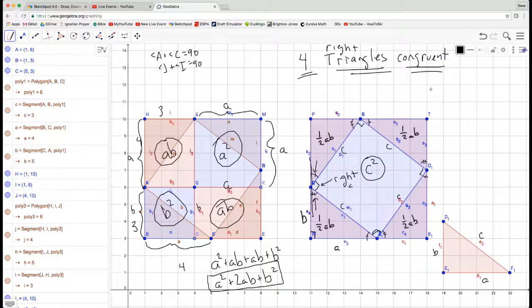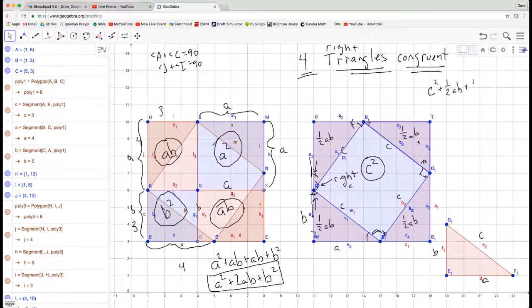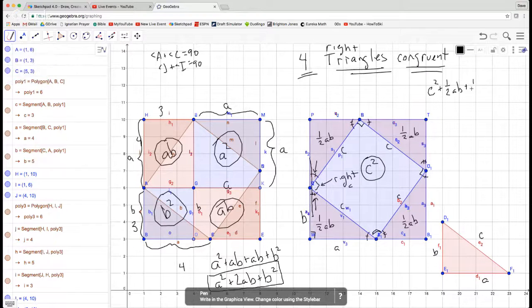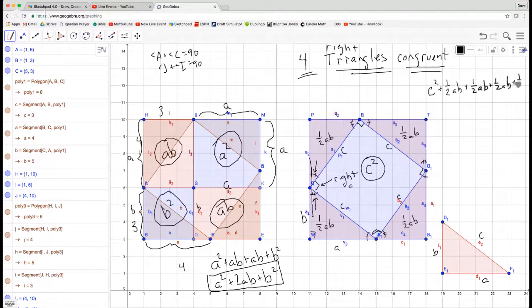So our area is C squared plus a half AB plus a half AB plus a half AB plus a half AB. Well, a half AB plus another half AB is 1AB, plus another half AB plus another half AB is 2AB. So this is C squared plus 2AB.